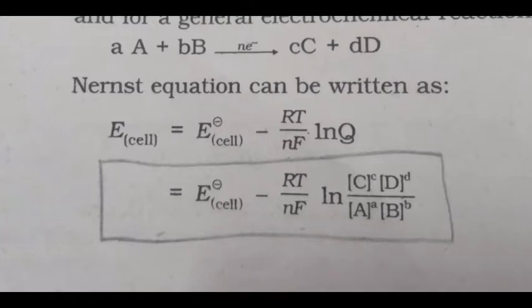Let the given equation be small a times A plus small b times B reacting to give small c times C plus small d times D. For that, the Nernst equation is E cell equals E naught cell minus RT by nF into ln concentration of C to the power small c into concentration of D to the power small d by concentration of A to the power small a and concentration of B to the power small b.